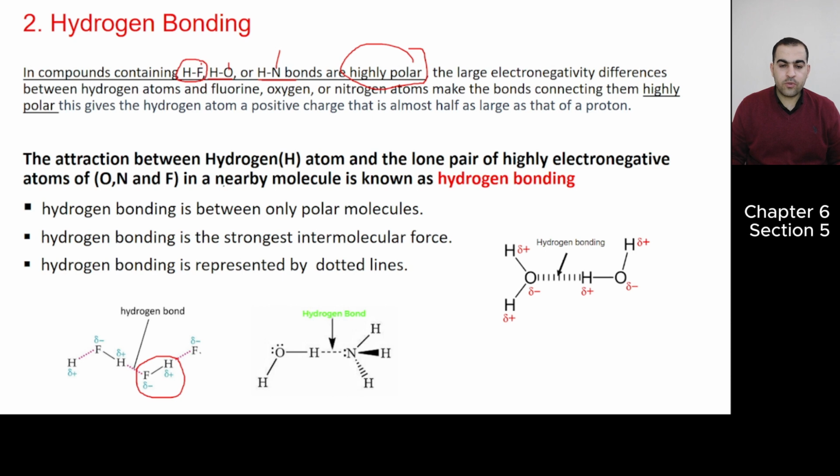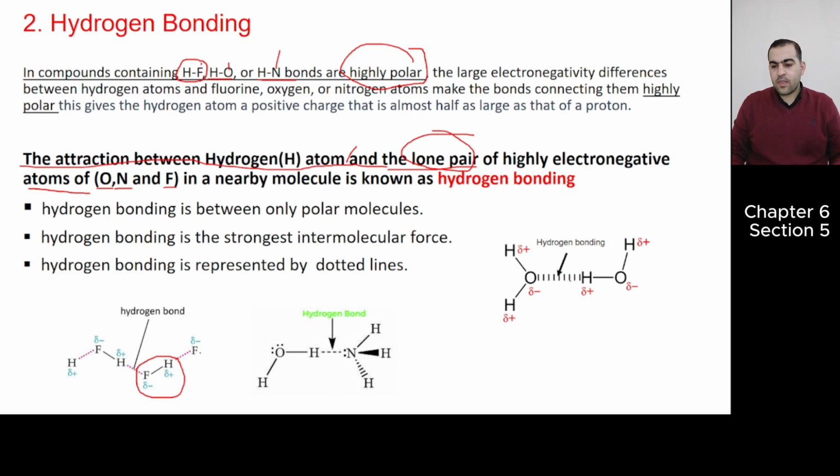The attraction is between hydrogen atoms in a molecule and the lone pairs of highly electronegative atoms, oxygen, nitrogen and fluorine, in another nearby molecule, known as hydrogen bonding.